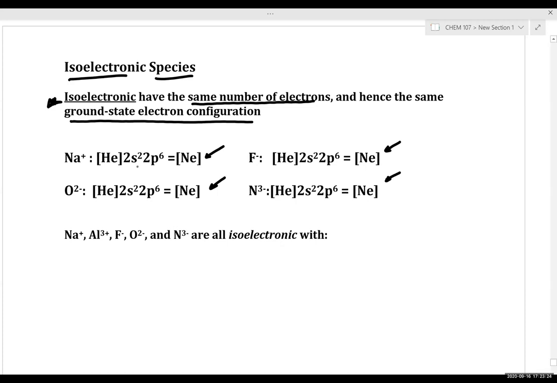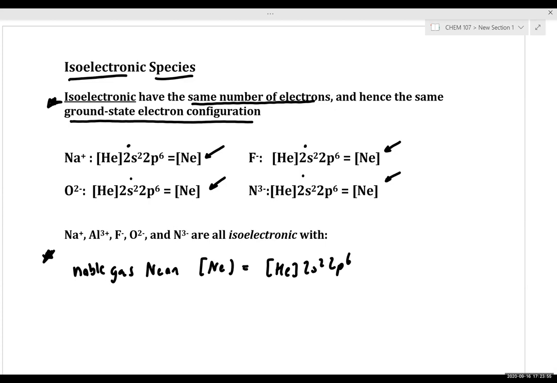What electron configuration or what number of electrons matches the number of electrons observed for each of these ions? All of these ions are isoelectronic with the noble gas neon, which has a configuration helium 2s2 2p6. Now this is really important because this can help us to understand a really important pattern in terms of ionization preferences.